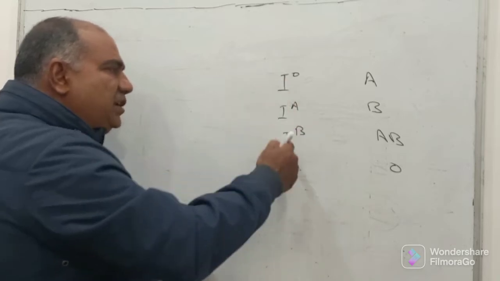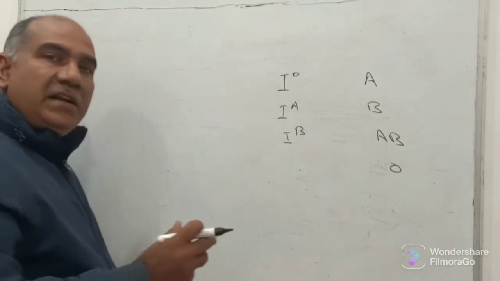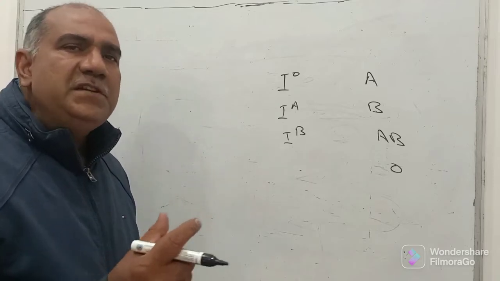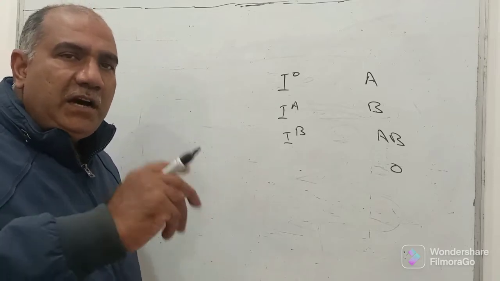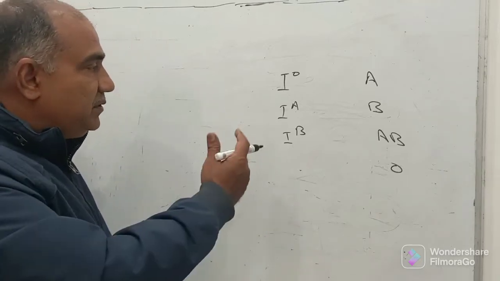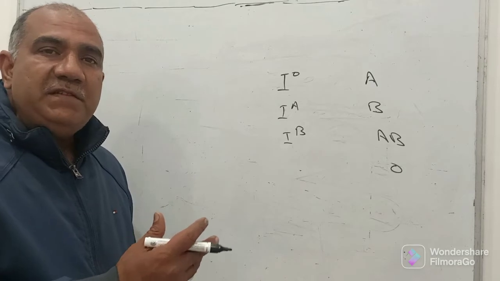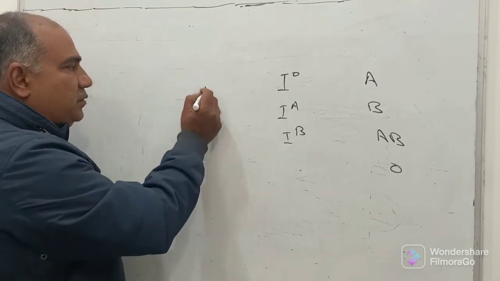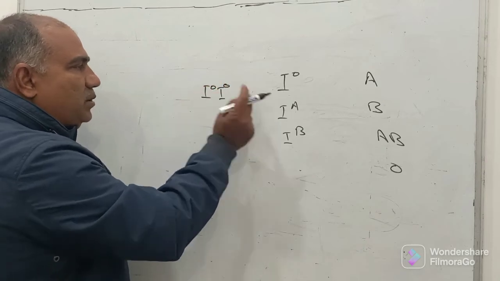Now these three forms of the same gene can combine in 6 different ways, and those 6 different combinations will determine 4 blood groups. How those 6 combinations will determine 4, we are shortly going to see. But before that, let us see what are the 6 different ways these 3 different forms can combine in. So one is IO and IO.